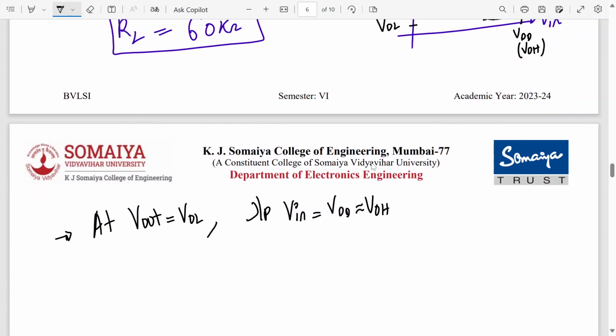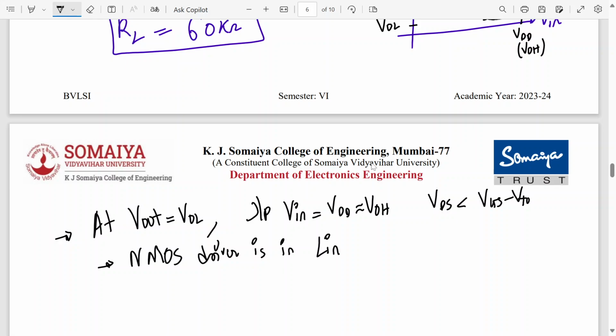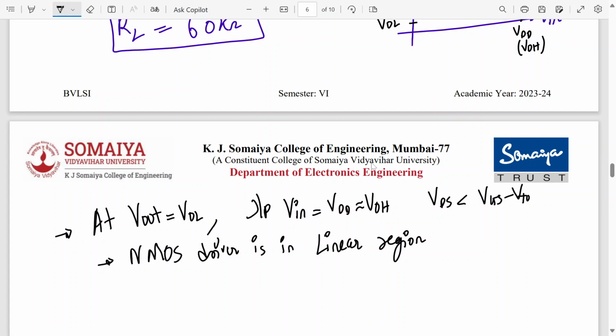Okay, that means my NMOS transistor is in which mode? NMOS driver is in which mode of operation? Output is almost very small, right? When output is less, output is VDS. So VDS is less only in this condition. It's lesser than VGS minus VTO. So my NMOS transistor is in the linear region of operation.